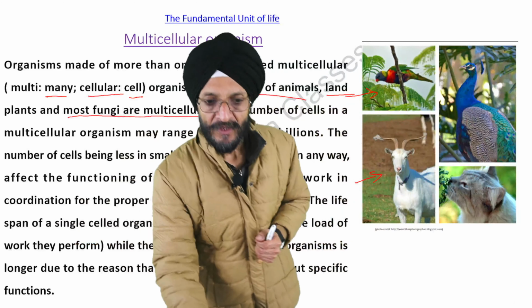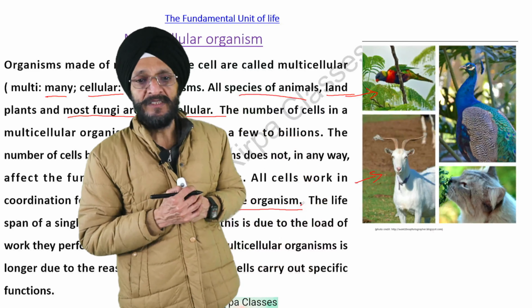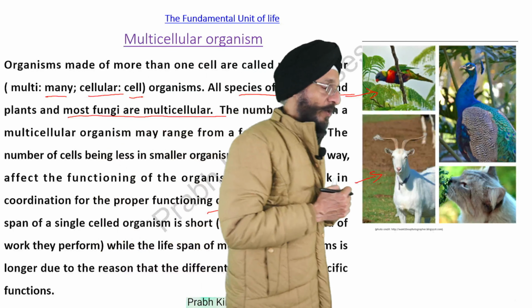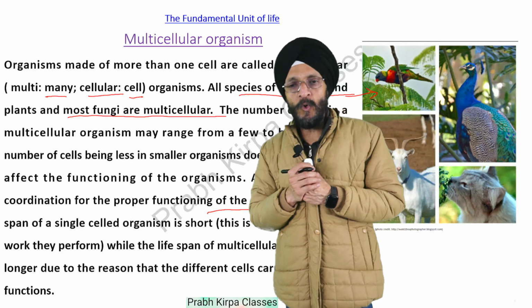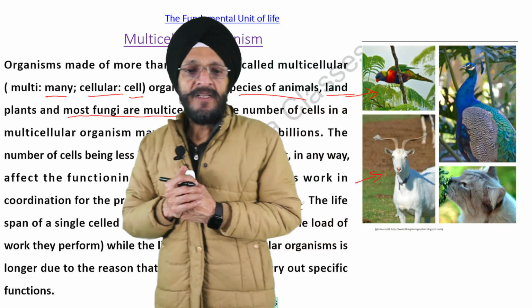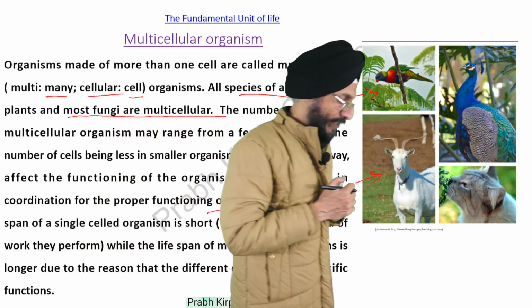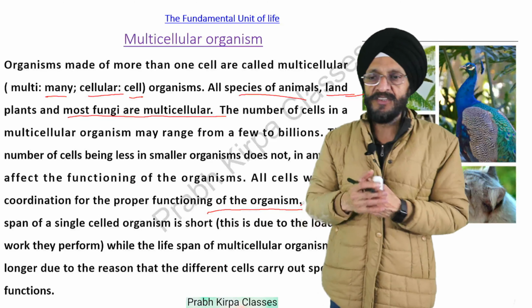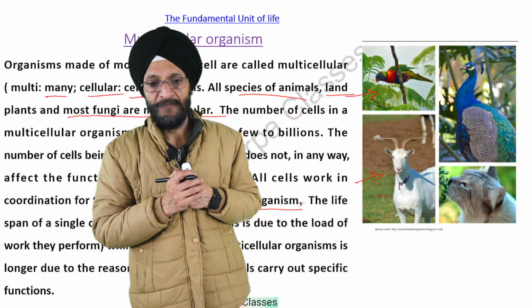of the organism. It is to be noted that the lifespan of a unicellular organism is short because all the functions inside the body of the unicellular organism, that is excretion, digestion, etc., take place within this single cell.